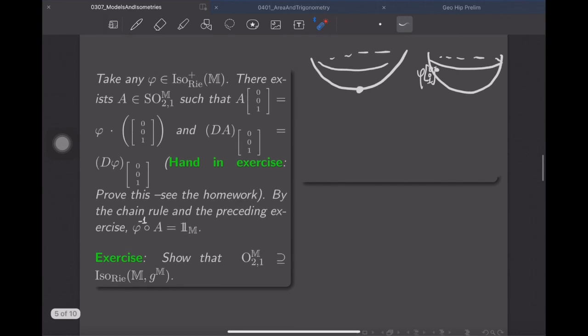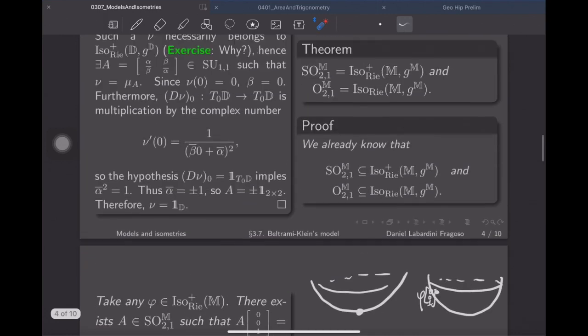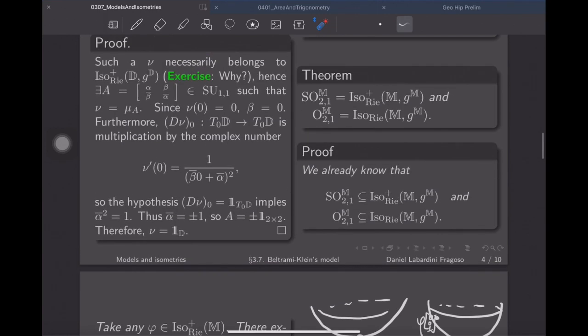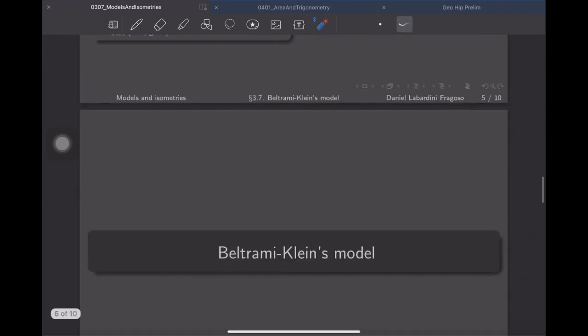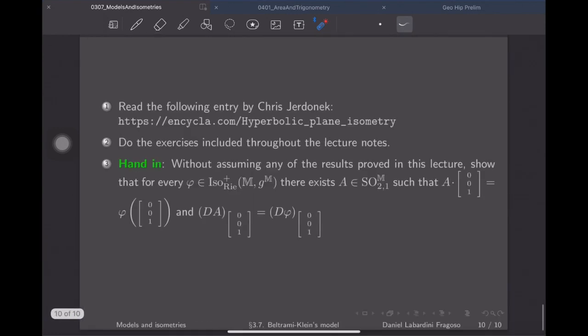And then, exercise: show the other inclusion. You can just try and repeat the idea, or adapt the argument. Now, by the way, this is a handing exercise, so let me just go first.